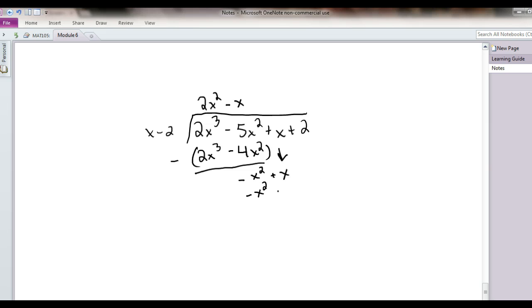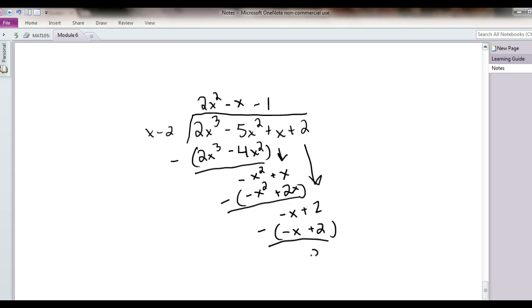Minus x times minus 2 is plus 2x. Then we subtract. So we'll get minus x. Bring down the 2. That will go in exactly minus one time, and the remainder will be 0 because we get minus x plus 2. And when we subtract that, that's the same exact thing. So it equals 0.